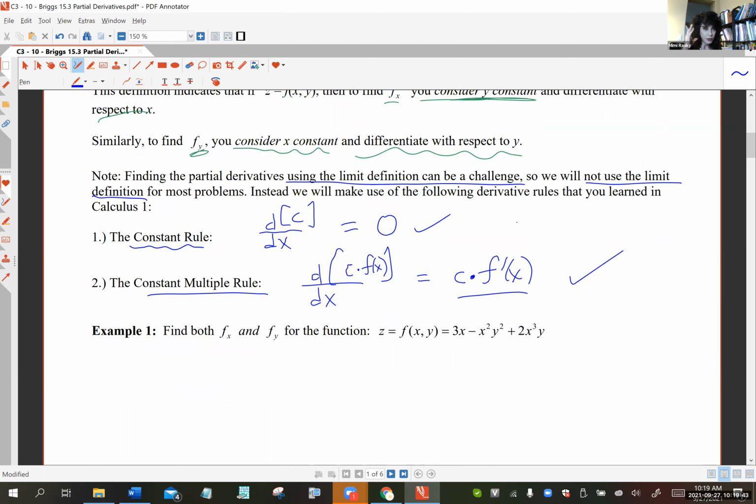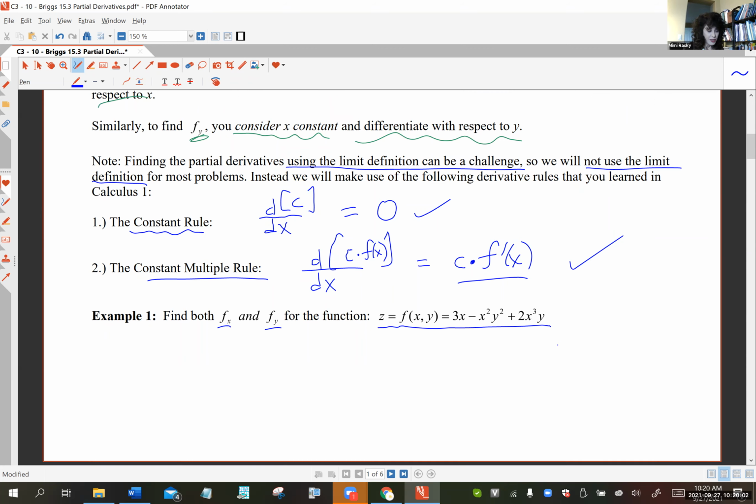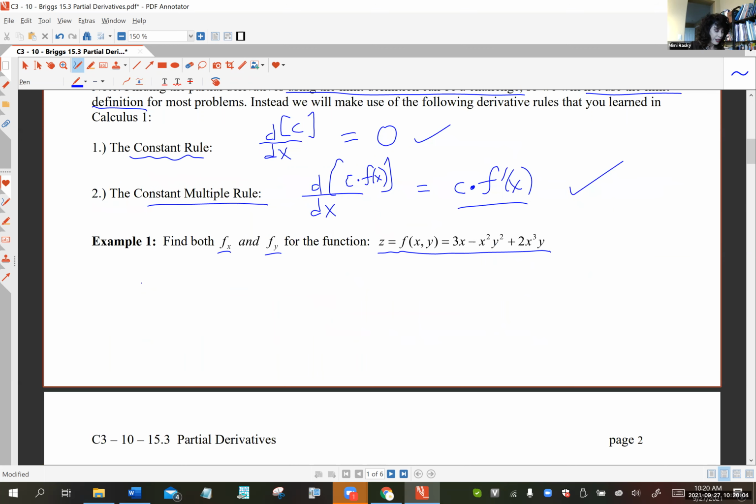So now, keeping those in the back of your mind, we're going to get the first partials, both of them, fx and fy, for this function. z equals f(x,y) equals 3x minus x squared y squared plus 2x cubed y. So first up, we're going to find fx.